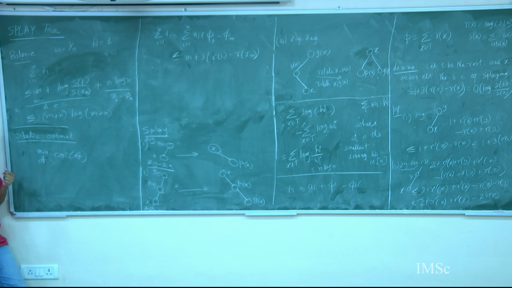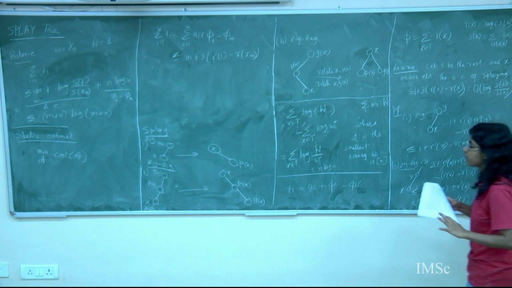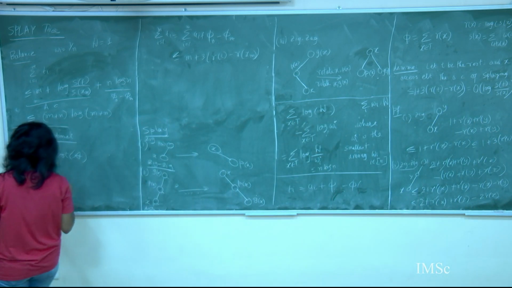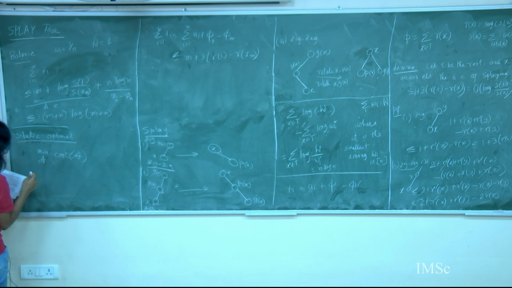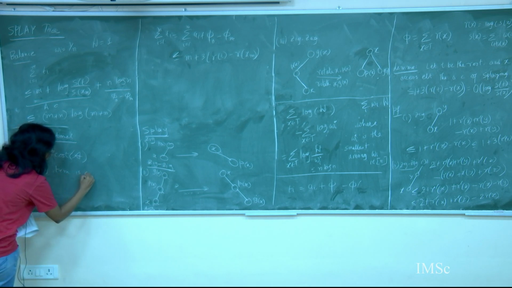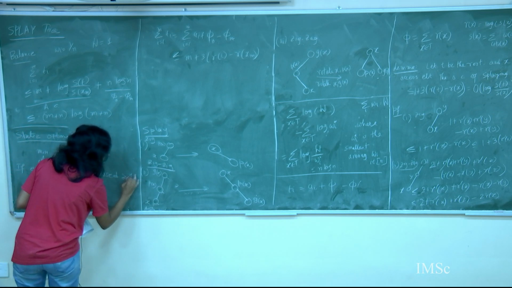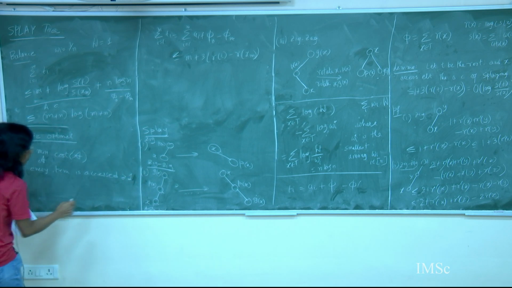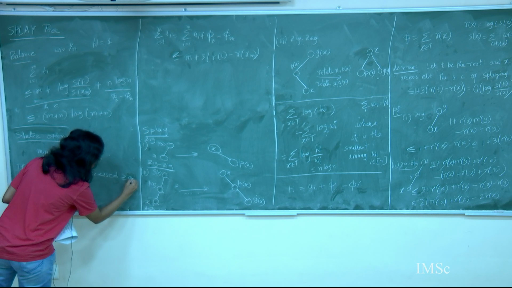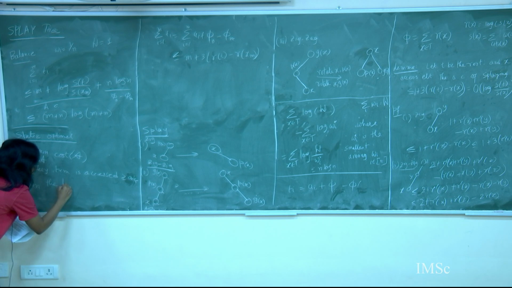If you know the entropy bound, or else just believe me, from the entropy bound you can get that the static optimality bound is like this: if every item is accessed at least once, then the total access time is this.